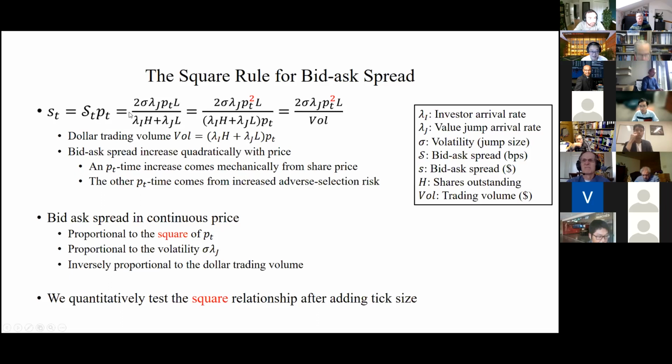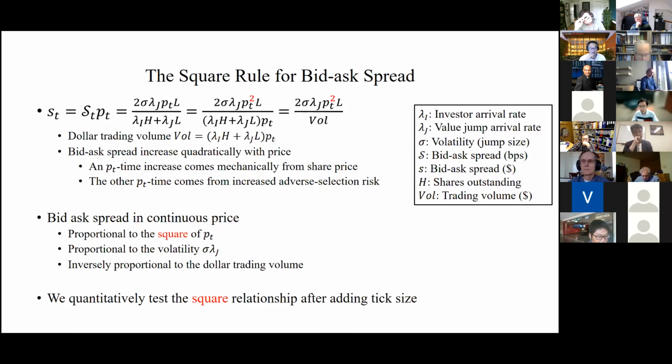Let's multiply P_T on both sides, and the denominator is the volume. Then we find the dollar spread increases quadratically with price. Why? If you increase the price by, say, P_T times, mechanically the dollar spread will increase to make the percentage spread stay the same.